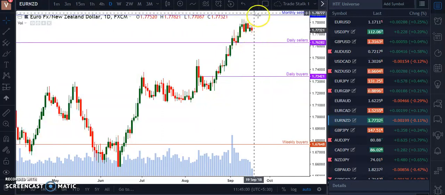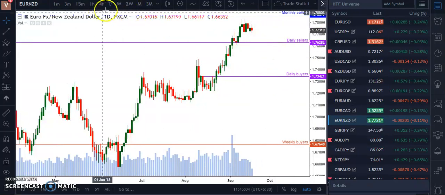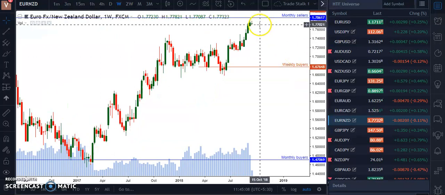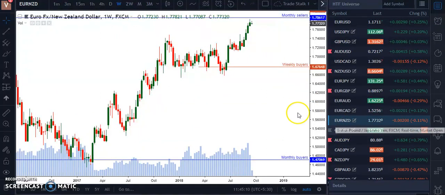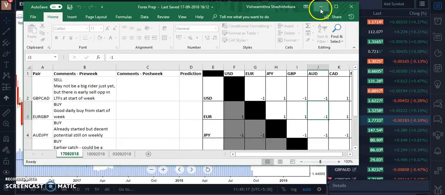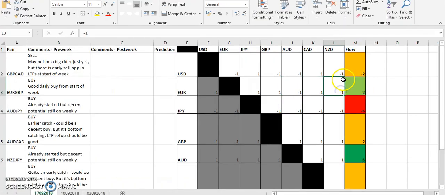Probably there may be a spike up to this area first before it goes down, but it's not a high conviction buy at the moment, a bit too high for me, and so it's not on my list. But Euro New Zealand, I am anticipating that this week it would go down. Oh, see, so anticipating that it would go down.